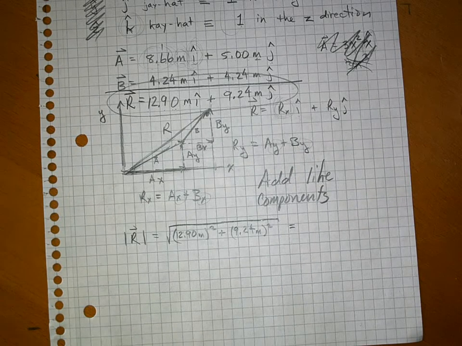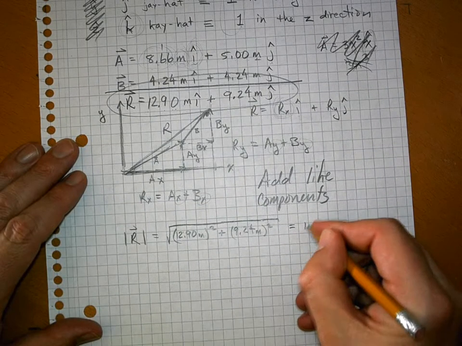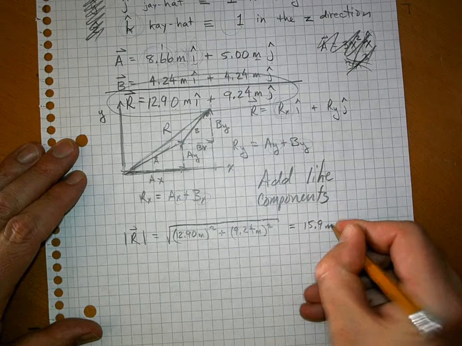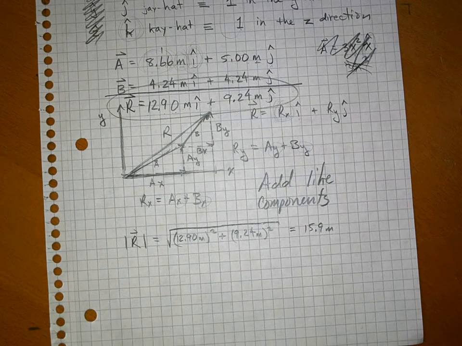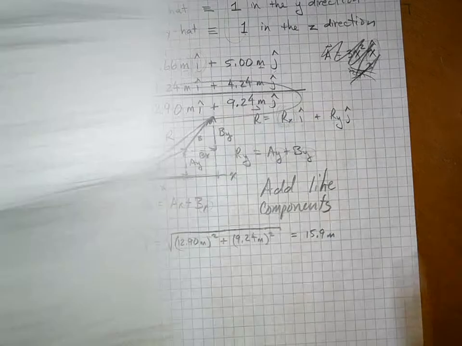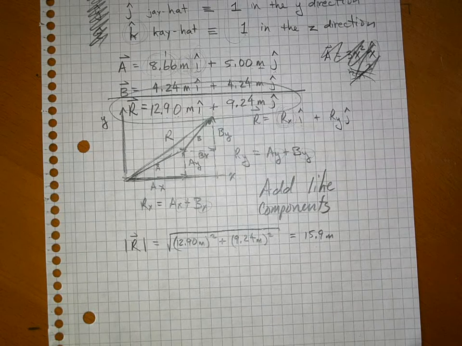Let's see, I already did it earlier, and I think it comes out to be 15.9 meters. Pretty close to 16. Remember when we added them together badly? We got 16 meters. Well, it's not quite 16 meters. 15.9 meters. You know, pretty close.